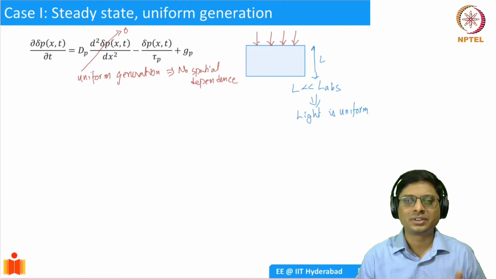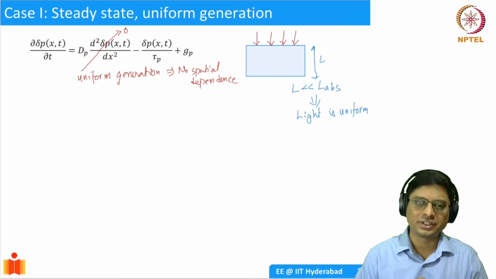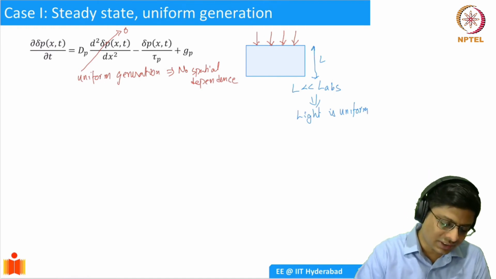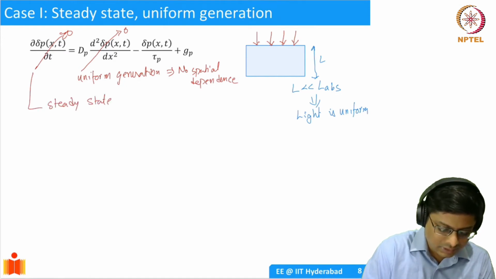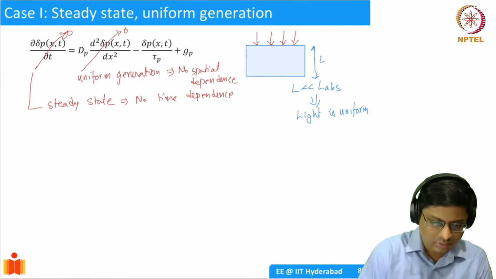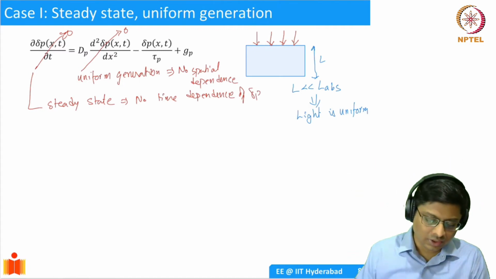So a certain steady value of electron-hole pairs is reached, and that's why we say it is steady state. There is no change with respect to time. So steady state implies no time dependence of delta P. I'm talking about an n-type semiconductor, so it is delta P.